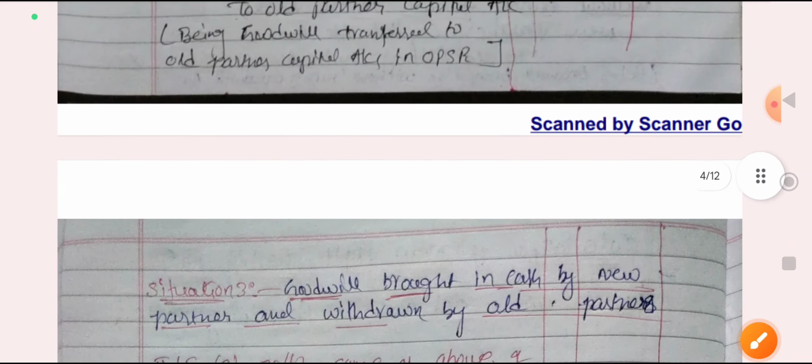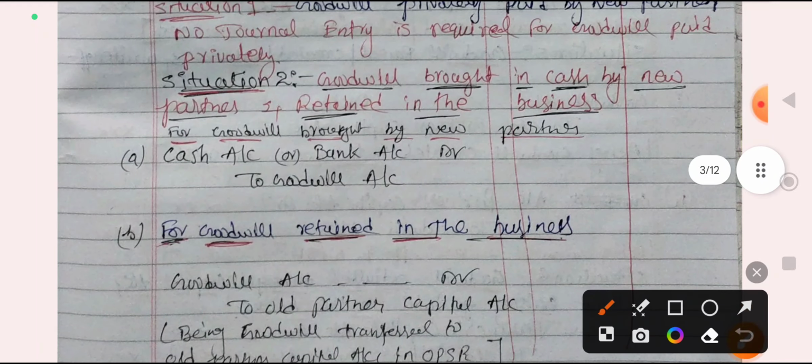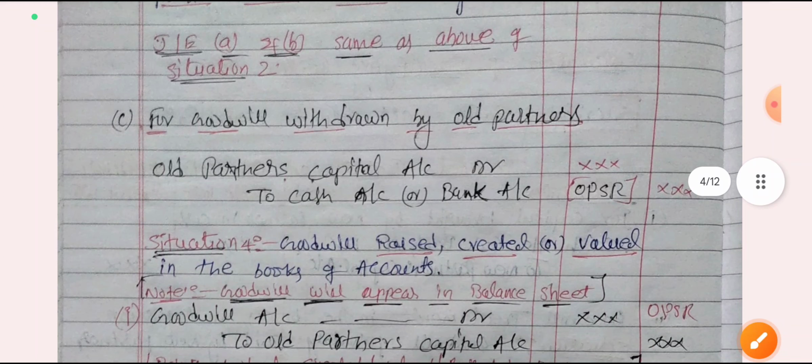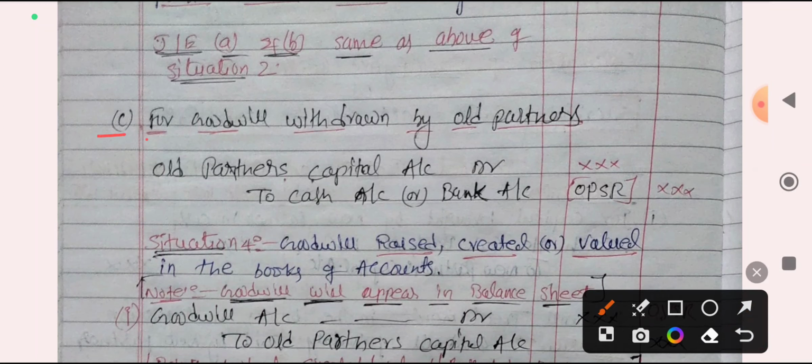That means we will write these two entries, that is cash account debit to goodwill account, and goodwill account debit to old partners. Later, one more entry, the third entry, C, for goodwill withdrawn by old partners: old partners' capital account debit to cash or bank account.